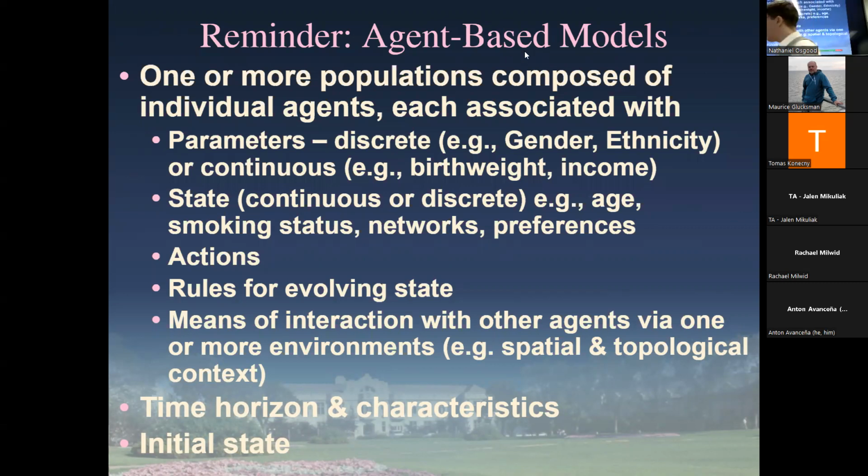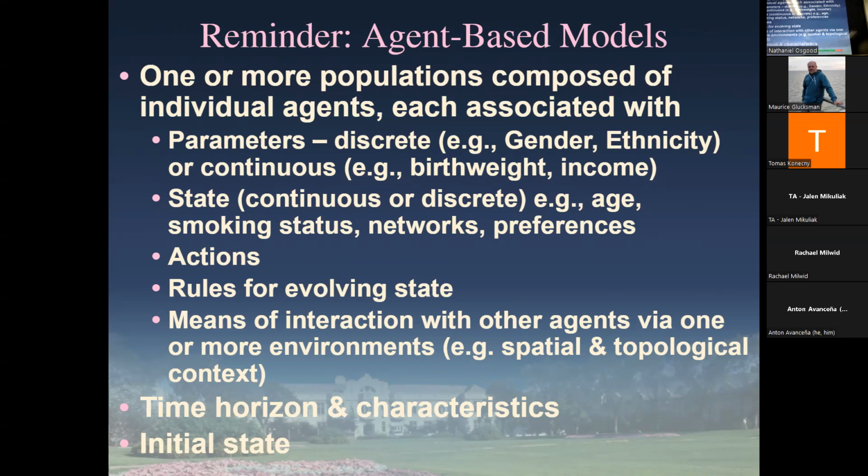But at a most basic level, an agent-based model involves one or more populations which are depicted at an individual level. And each of those populations involves agents which are characterized by parameters or attributes, fixed attributes. These could be discrete or continuous. It's important because we compare it against a stratified aggregate model.